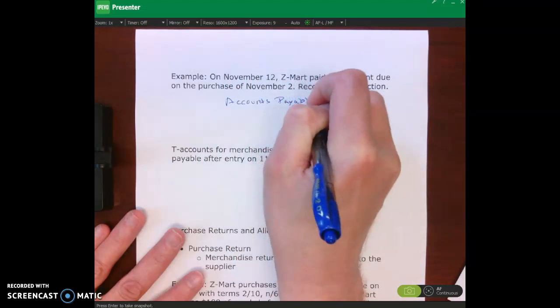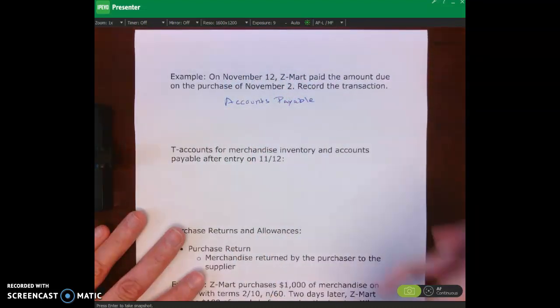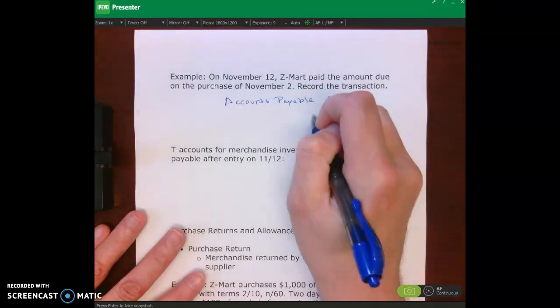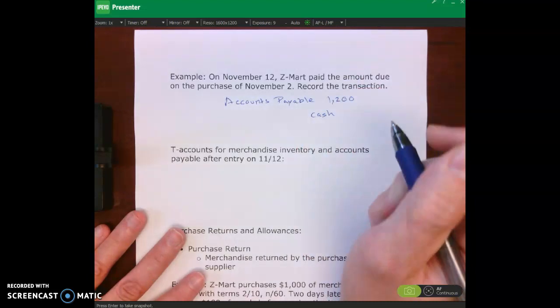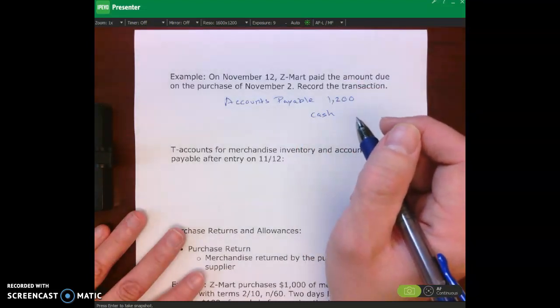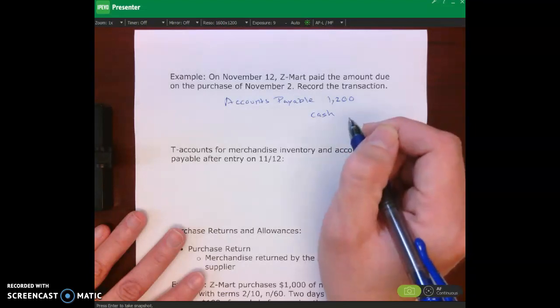Accounts payable is a liability, and the way we decrease liabilities is with a debit. So remember, I bought that for $1,200. I'm going to credit cash because I have to pay my accounts payable with cash, and cash is an asset, and cash is going down. The way I decrease an asset is with a credit. That's why I'm crediting cash right over here.